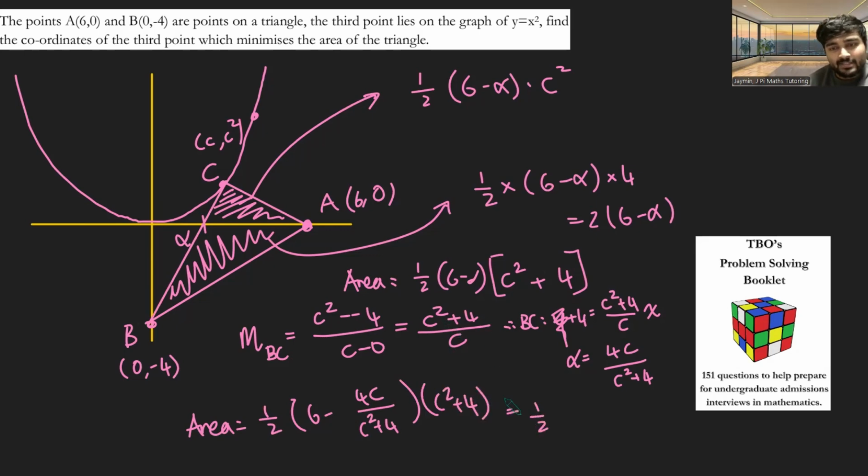All in all, this is going to simplify to a half times (6c squared plus 24 minus 4c), like so. Now our goal is to minimize this area.